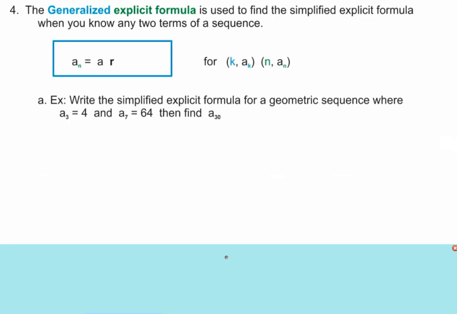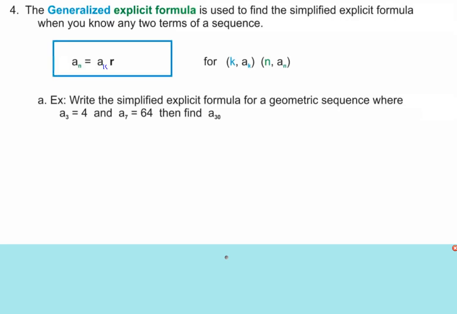So let's go back to the generalized explicit formula and see if we can deal with that. Again, we got k and a sub k and n and a sub n. And so let me see if I can break this down a little bit more simplistically for you.